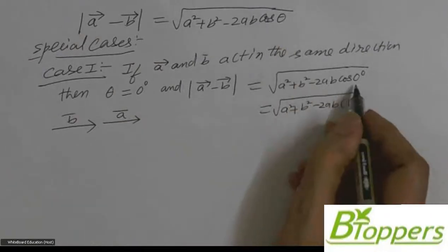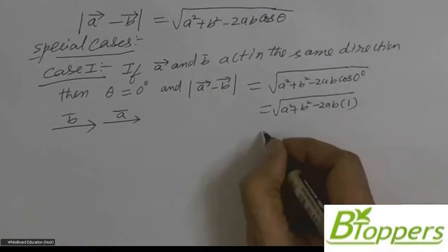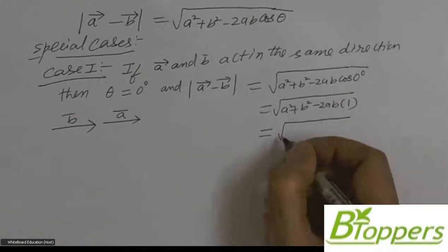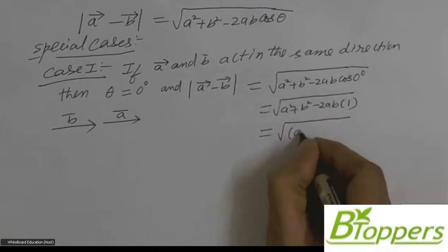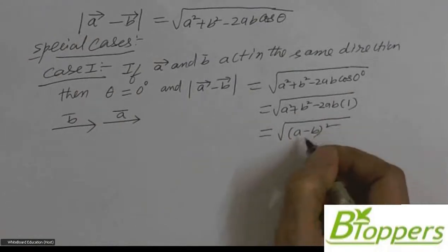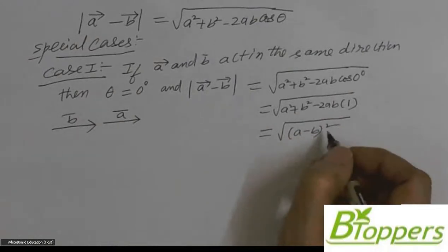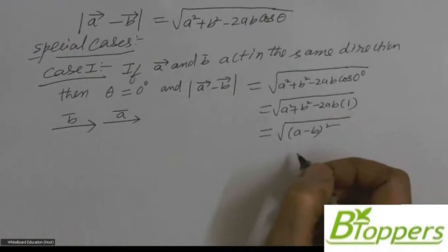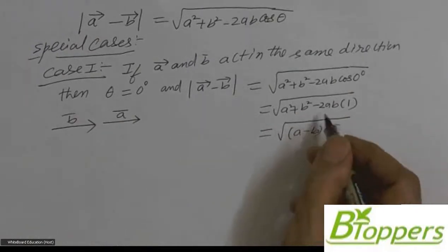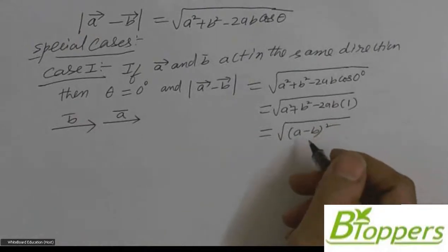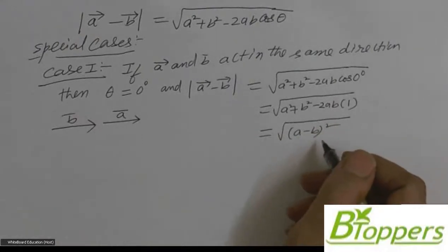So here cos theta is equal to cos 0 degrees, that is equal to 1. So the magnitude of the vector difference a bar minus b bar will be equal to root of a minus b whole square, or you may also write it as b minus a whole square in case b is greater than a.